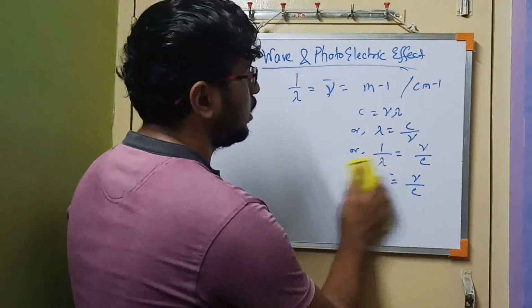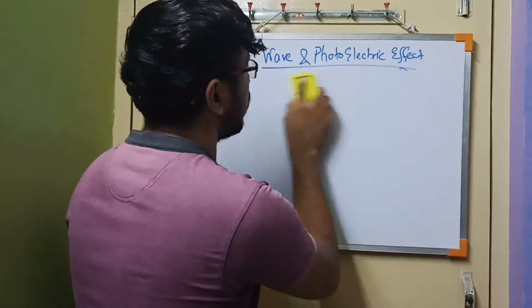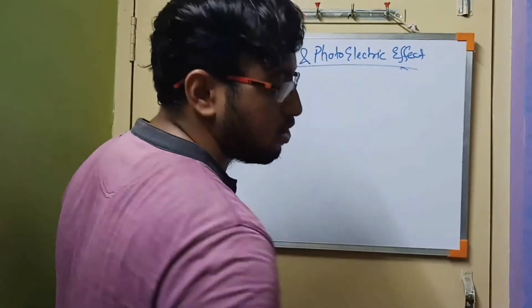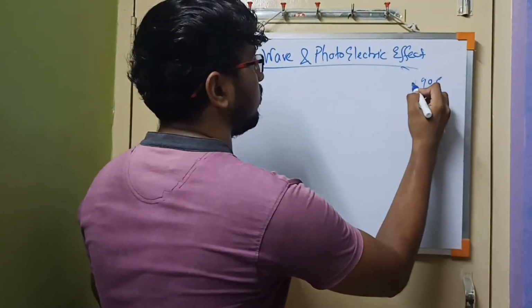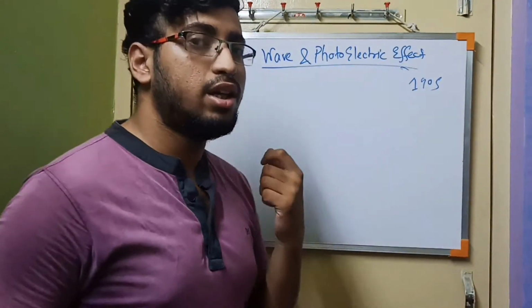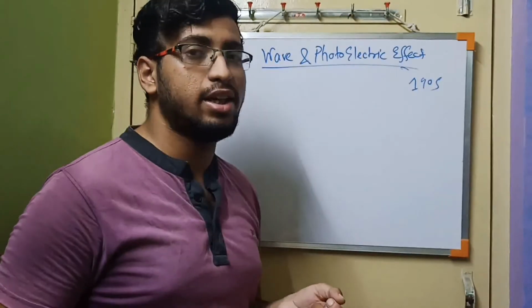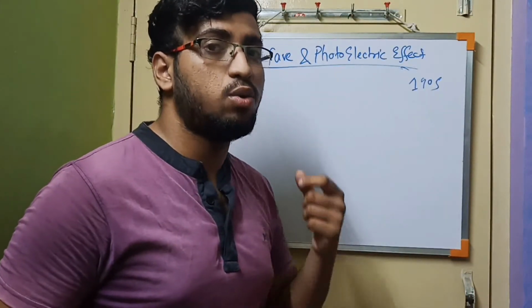Now, this was all about wave. Now we have to know what is the photoelectric effect. That was discovered by Einstein in 1905. Einstein gave three postulates: however high the intensity, it is not sure that electrons will be emitted.